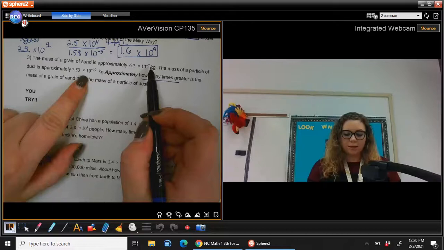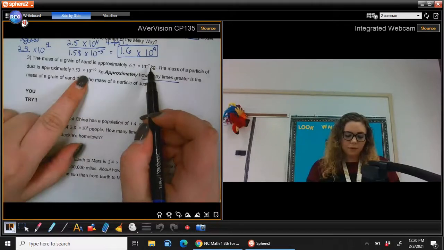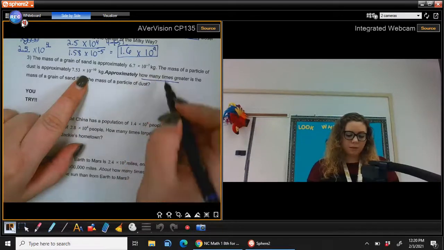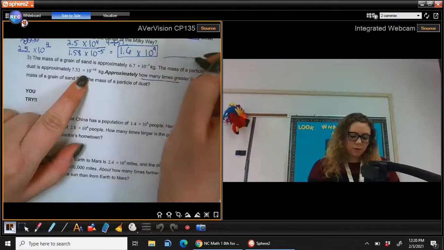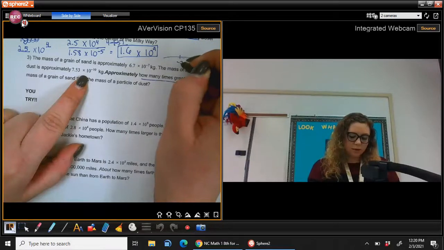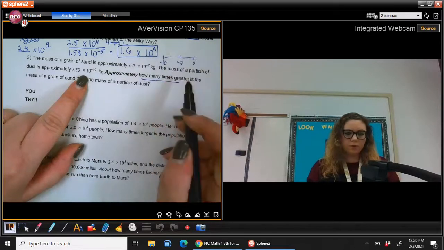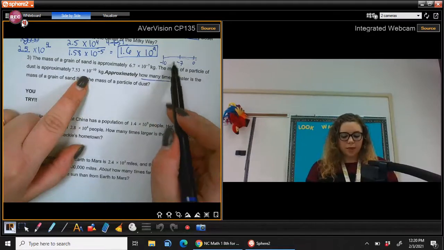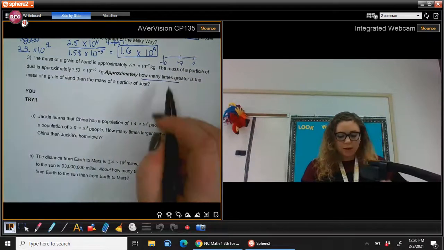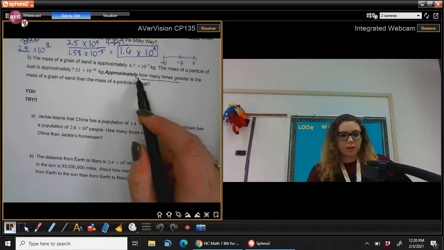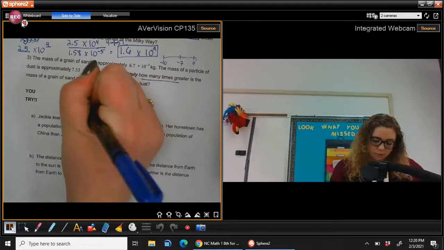Okay, so let's look at this. Which is greater, -7 or -10? If you were doing a number line, and this was 0, this was -7, this is -10. Okay, which one is the greater number? -7. Okay, -10 is the smaller number, so that's going to go on the bottom.